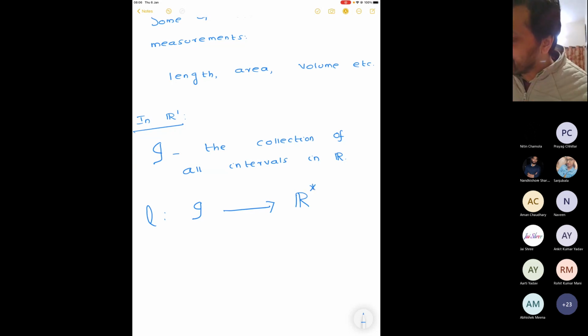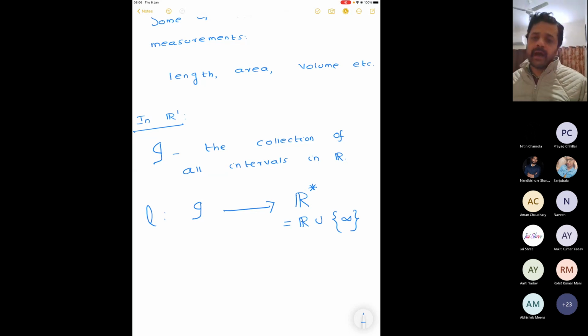So I will treat L as a function from script I, the collection of all intervals in R, to R star, where R star means R plus union infinity. To be more precise, I don't want all of R, I want only non-negative reals, but I will adjoin it with infinity so that I can also deal with intervals of infinite length or unbounded intervals.